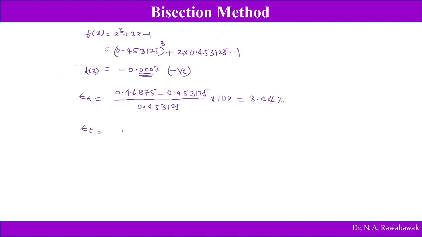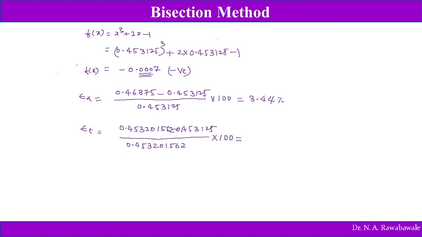True error is equal to the true value, which is given to us, 0.453125 minus the revised approximation 0.453125, divided by 0.453125, into 100.